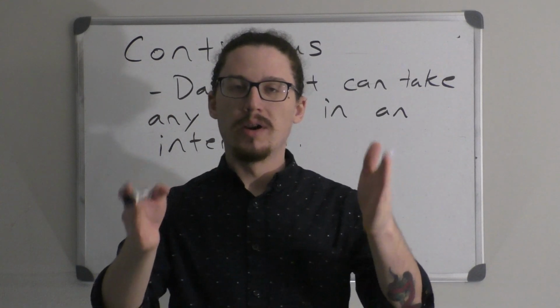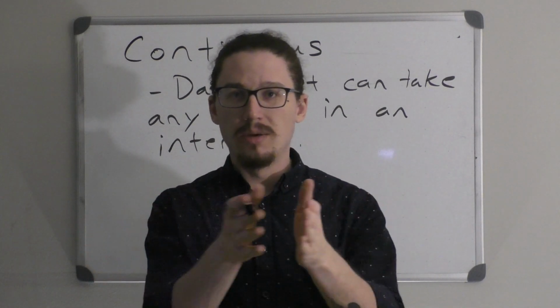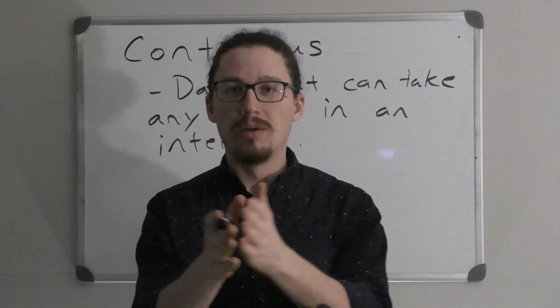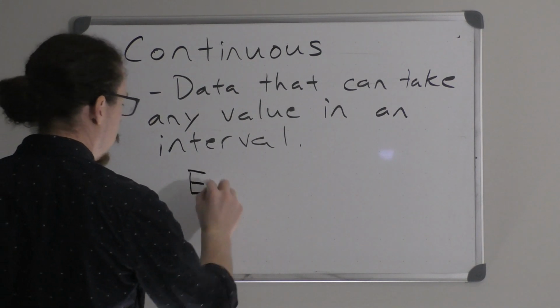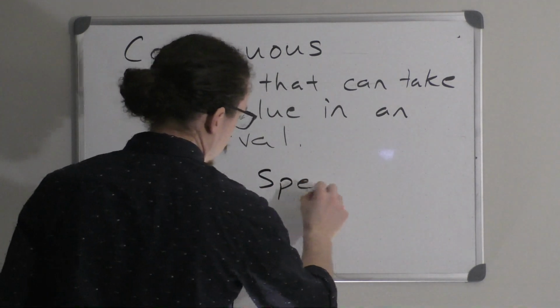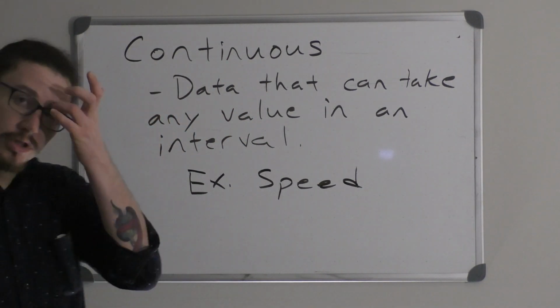So with this data, we don't have gaps between data. If there's some range where this variable can have an outcome, it can have any outcome in that range.